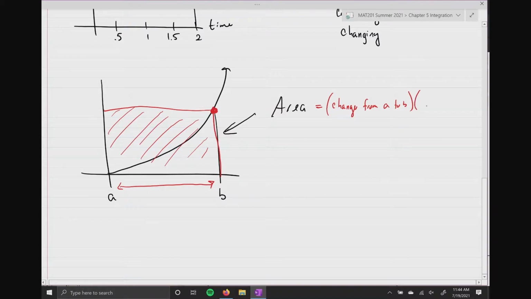So that's going to be f of b, okay? But when I do this, we're going to get a very large overestimation, okay? And the reason is because we have all this area above the curve that I don't want, okay? But the idea is there.